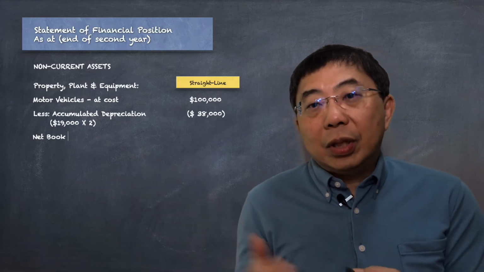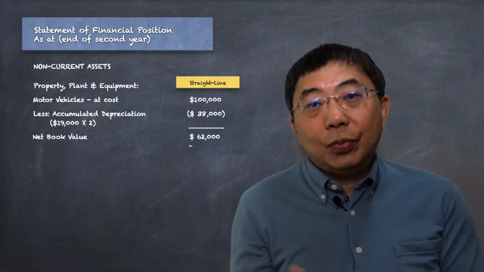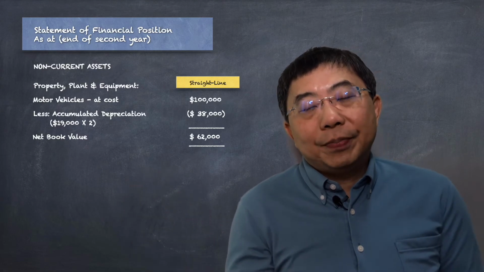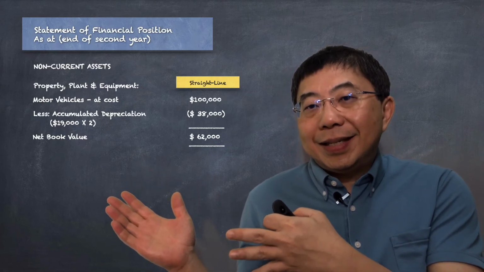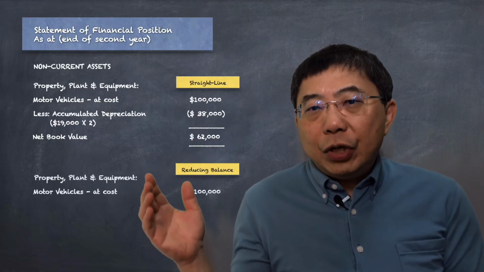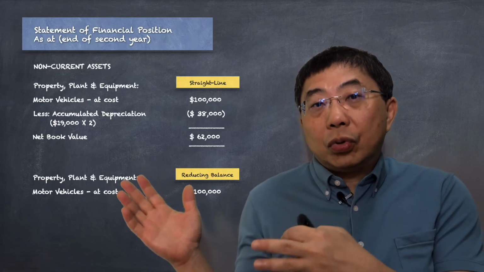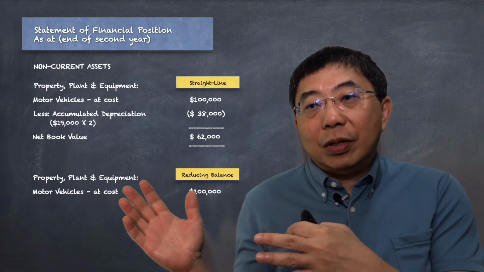Now, the unutilized portion of the asset is called the net book value or the carrying amount, which in this case is $62,000.